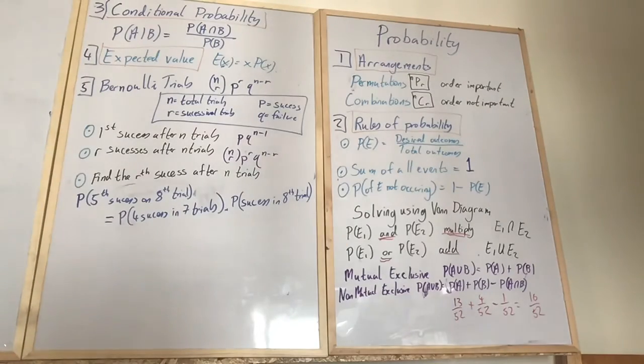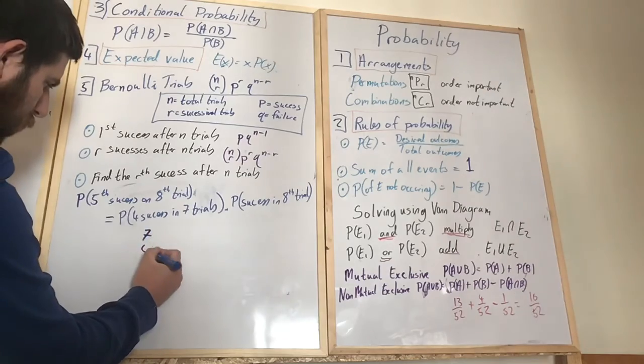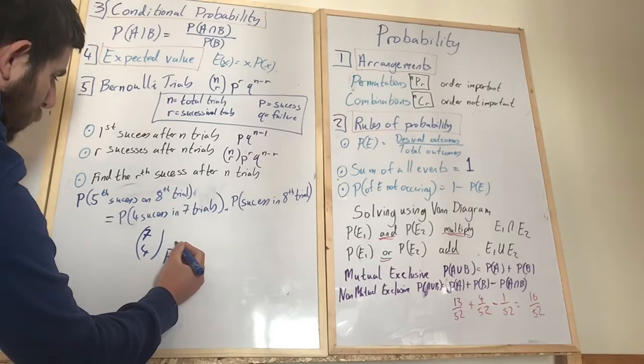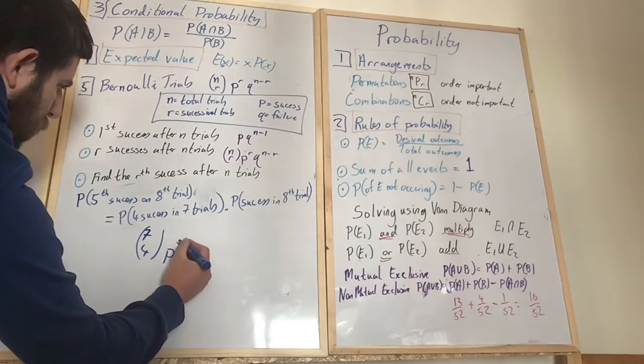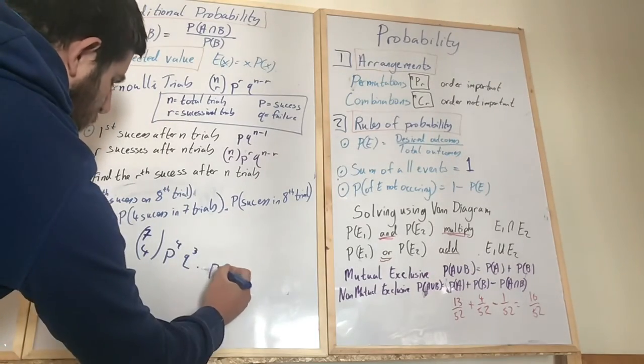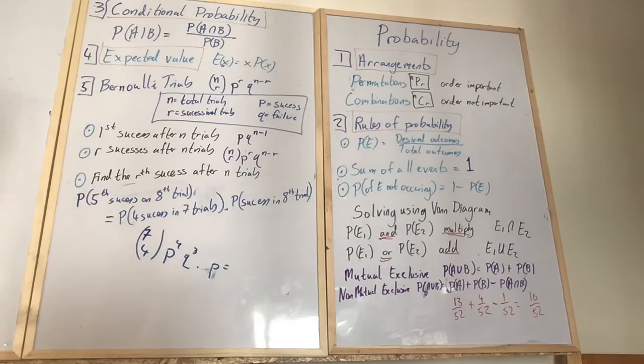We know that for the first 7 trials you had 4 successes, so that is 7 choose 4, by p to the power of 4 by q to the power of 3, and then you multiply that by p as your success of your 8th trial.